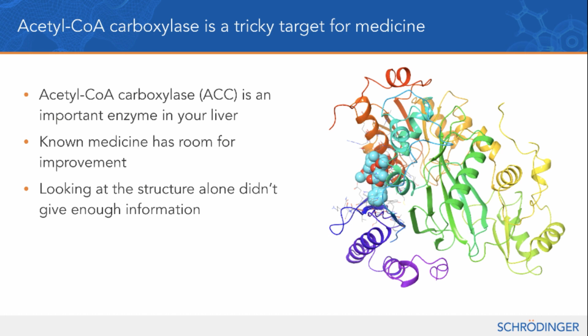And we needed a better medicine to be able to fix this particular liver disease. Now, there was a medicine out there, but it wasn't particularly great. And when we tried to look at the structure of both the medicine and the protein, the ACC, we weren't able to see really a clear path forward for how we could design a better medicine.